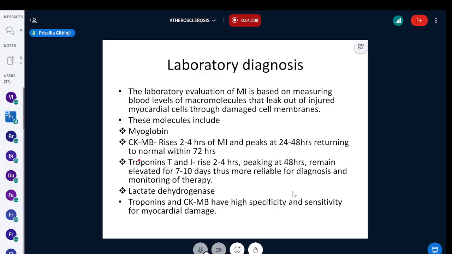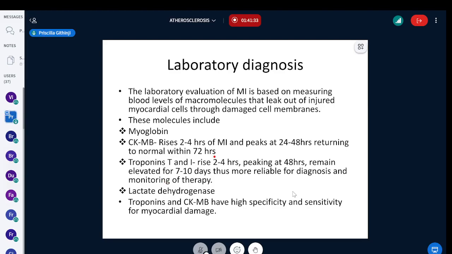But currently what is done mostly is your troponins, and we have troponin T and I, which are more specific for cardiac tissues, and they usually rise 2 to 4 hours, peaking at 48 hours. The good thing about troponins is they usually remain elevated for 7 to 10 days. That's more reliable for diagnosis and monitoring of therapy.